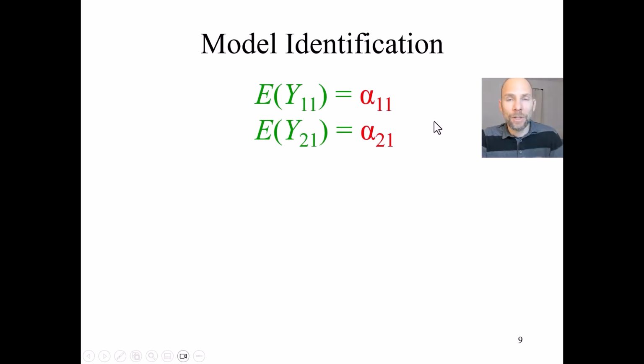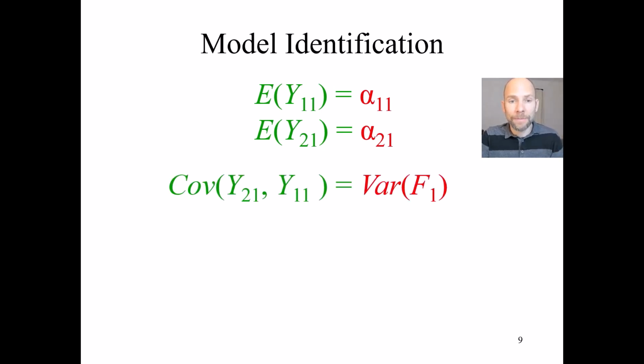But in a cross-sectional factor analytic model, typically the main interest is in the covariance structure, and it can be shown that the covariance between the two observed variables is what identifies the factor variance under the assumption of essential tau equivalence. This is a key piece of importance here, because that's what we want to know.